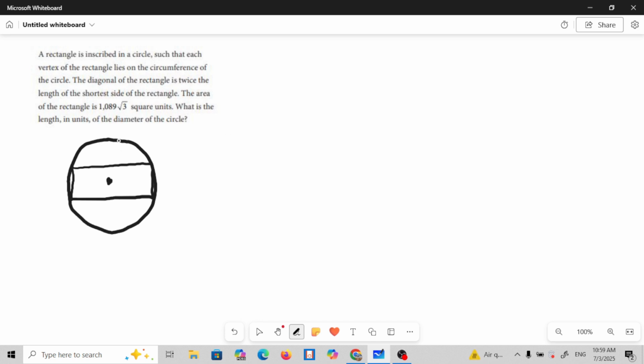Now, we have the circle right here, okay? We have this rectangle which is inscribed inside of it such that the vertices of the rectangle are on the circumference of the circle. We have been told that the diagonal of the rectangle is twice the length of the shortest side of the rectangle. So let us draw the diagonal of the rectangle right here.